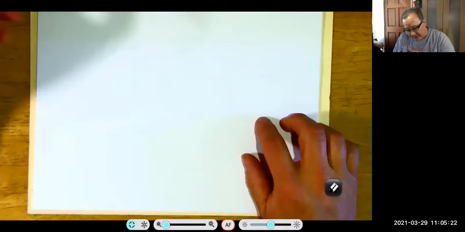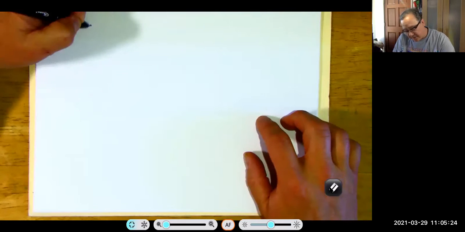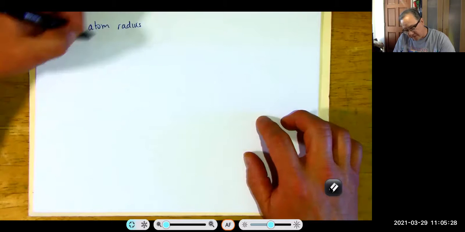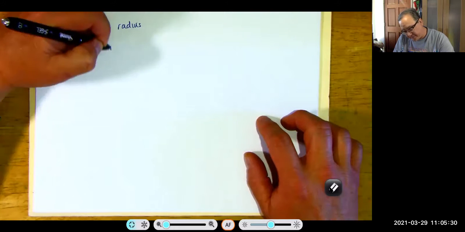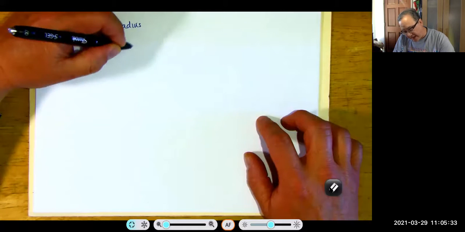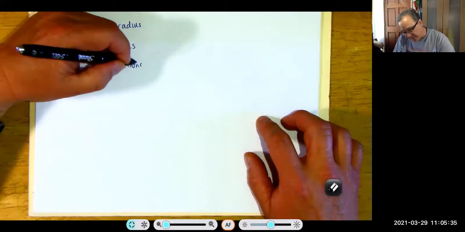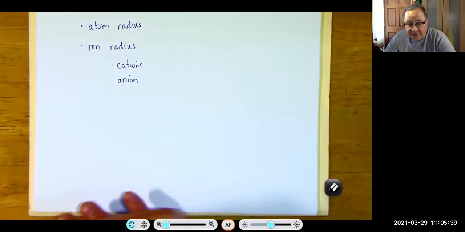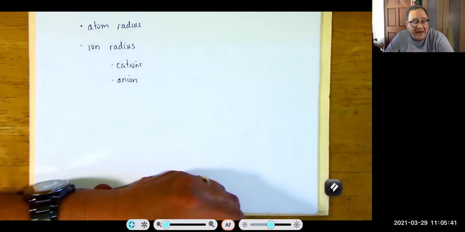So we'll be looking at atom radius, ion radius, and we'll be looking at cations and anions because it's not fair to compare cations to anions, but it is fair to compare cations to cations.